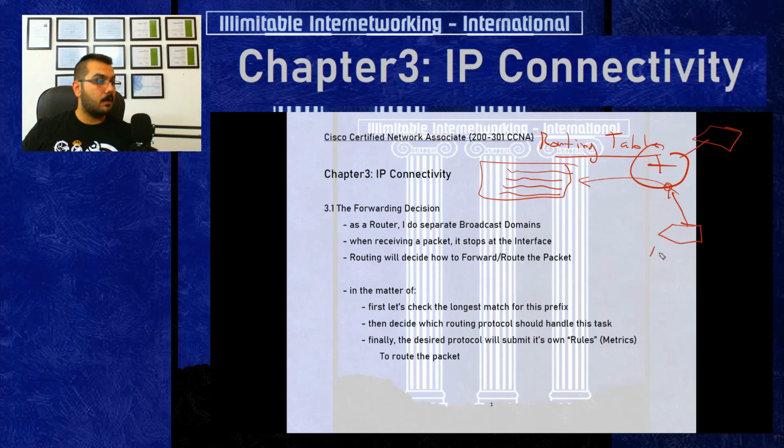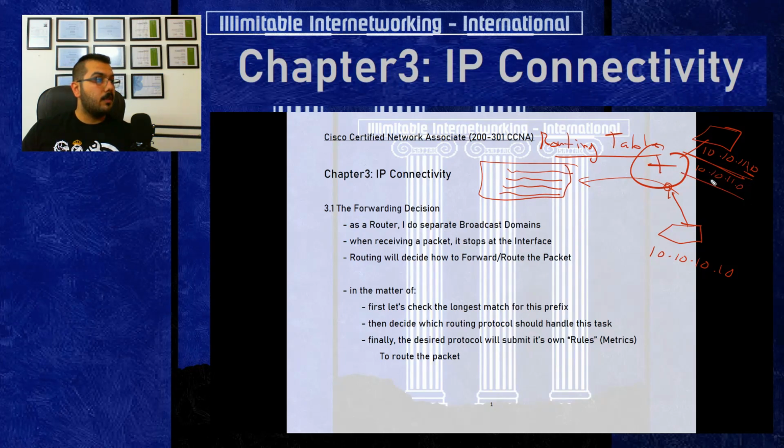This device's IP address will be 10.10.10.10, and it wants to go to maybe 10.10.11.10. So the destination 10.10.11.10 must be at least either this specific destination or the network of this subnet of this host.